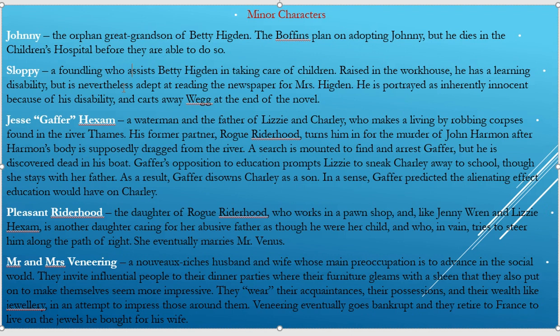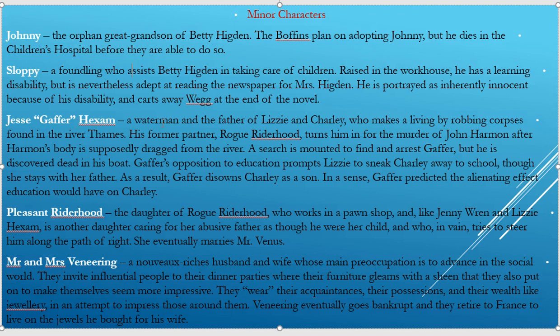Sloppy also assists Betty Higden in taking care of the children. He is portrayed as inherently innocent because of his disability. So he has a disability, he cannot move normally, and he carries away the wig at the end of the novel.